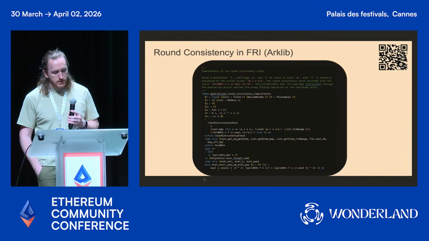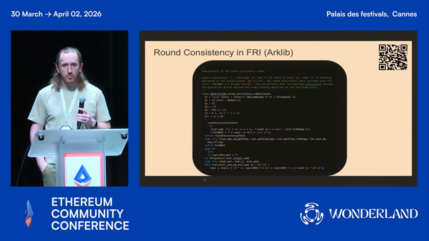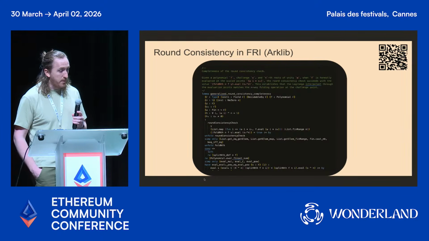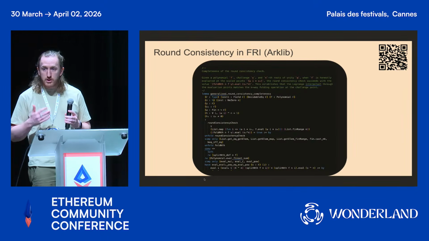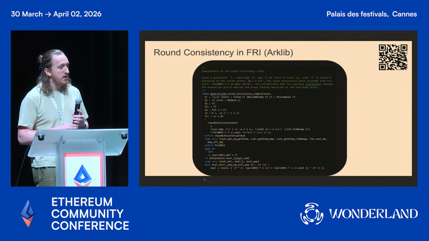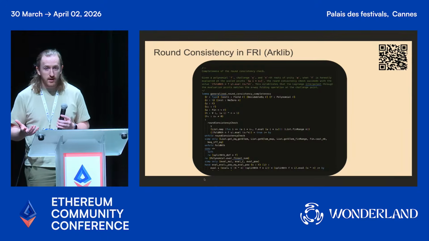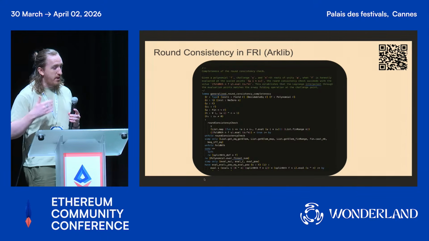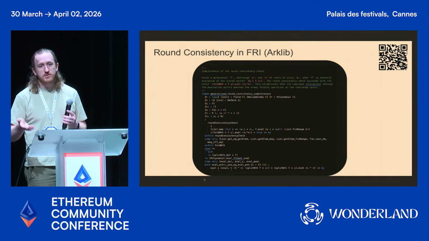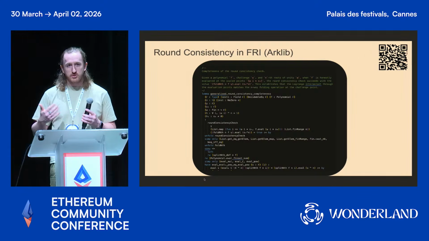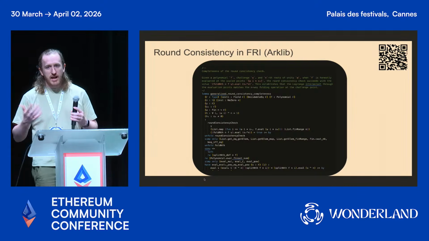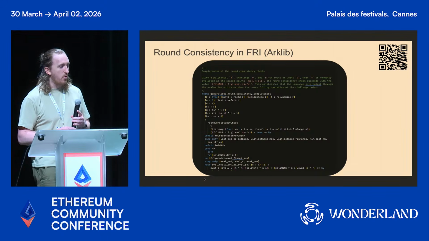So here is an example of some of the formal code from the FRI spec. FRI has various folding rounds, and there's a consistency check on folding rounds. This is a statement that says our specification of FRI in these folding rounds, if you give it a correct witness, the folding round will recognize it as a correct witness, and the consistency check will pass.